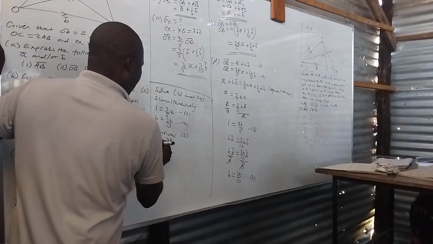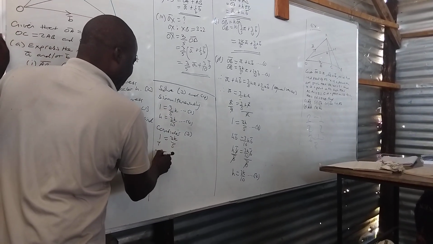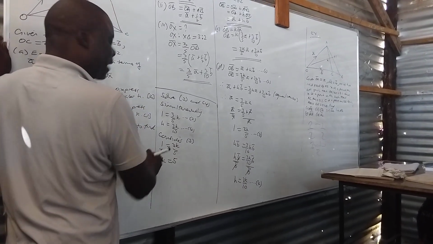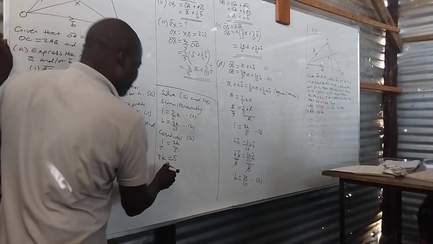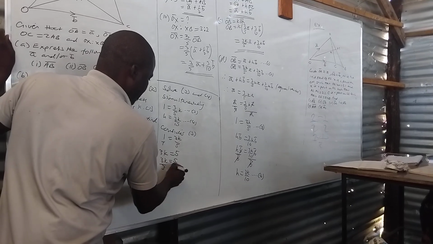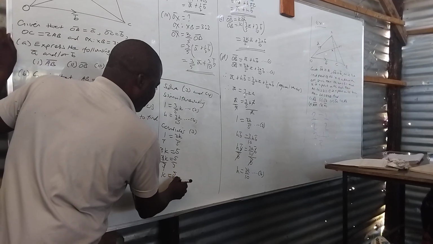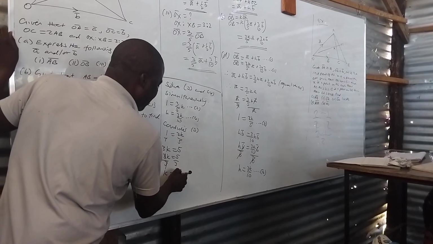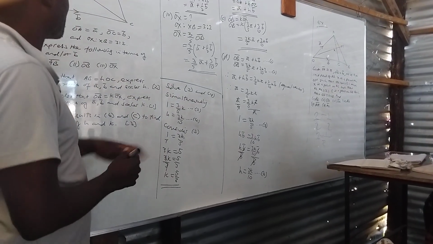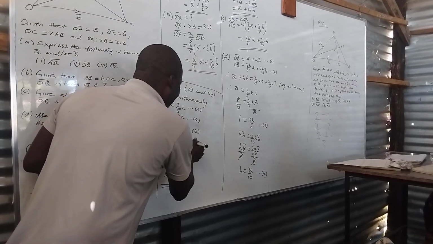Cross multiply: 1 times 5 is equal to 3K. I want K only, so what should I do? Divide by 3. So K is equal to 5 over 3, an improper fraction. Now to find H, we use K.